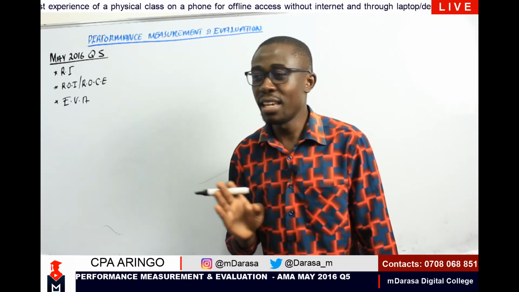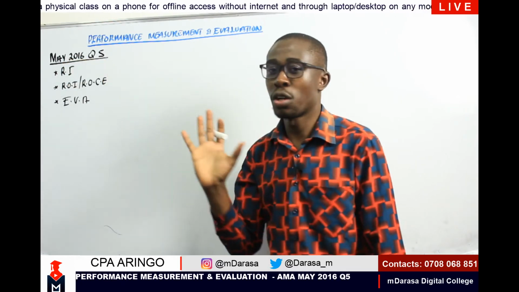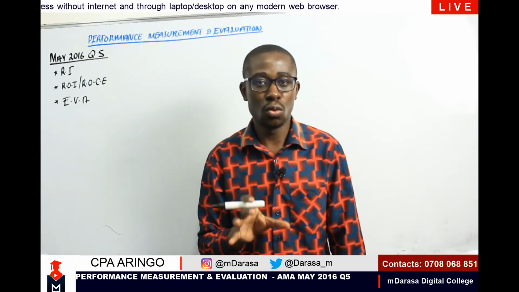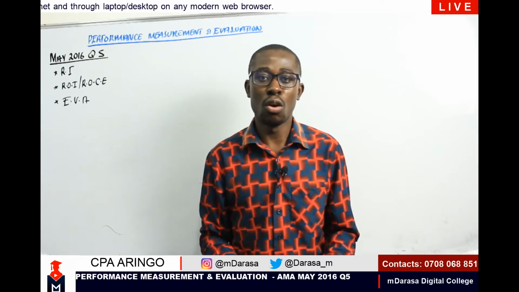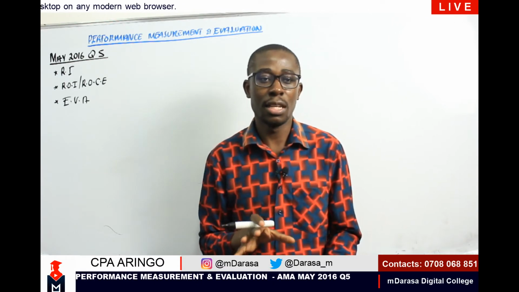So kindly, if you have that paper, let us look at this question, May 2016, question number 5. And if you don't have that question, I'm going to share that question with us. Let us use that question to analyze this concept of the methods to evaluate our performance in our responsibility centers.